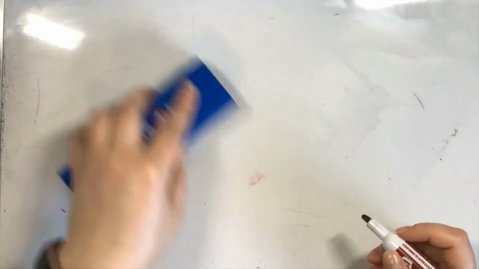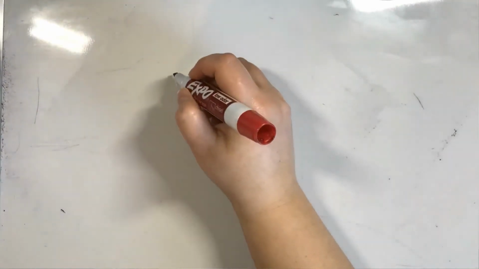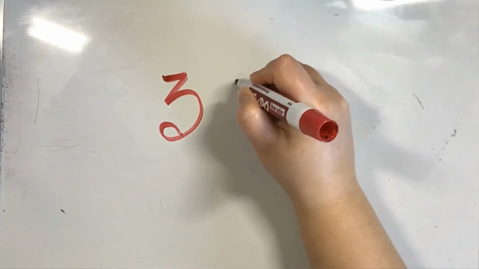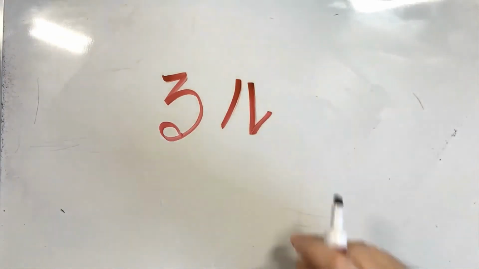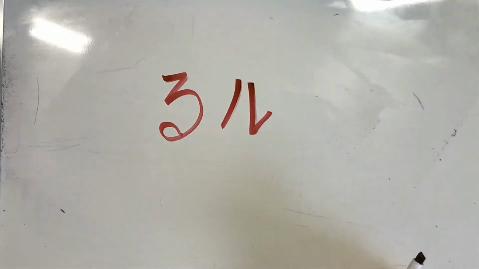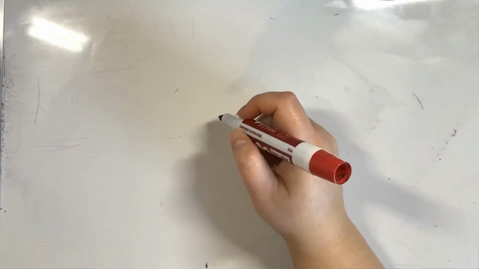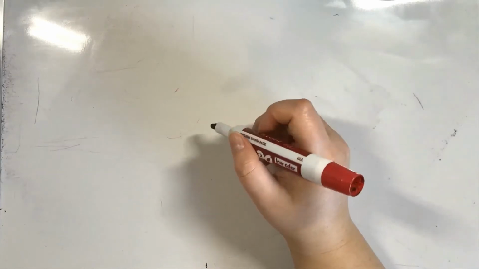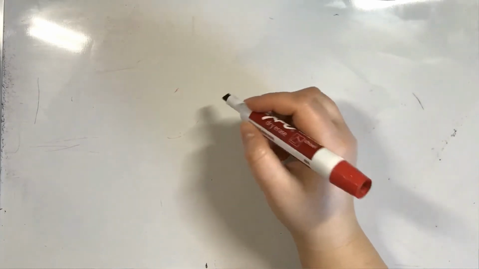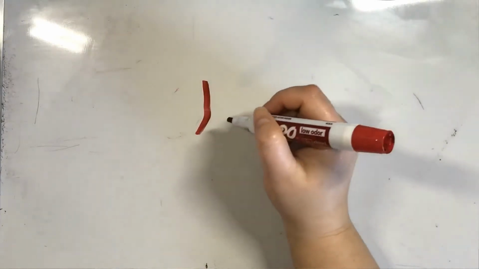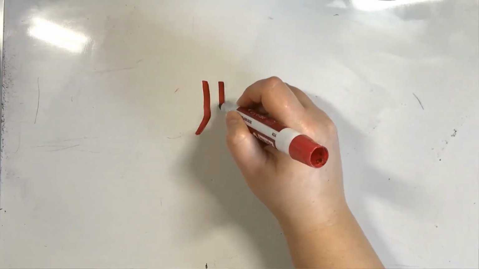Okay, next one that we're going to be doing is ru. And here it is in hiragana, and then in katakana. So again, not very similar in appearance, but it does look similar to ri. So I'll show you the comparison of ri, and then also you'll see that there's a bit of similarity with re. So first we start down, a little dash to the left, down, and then we check up to the right.